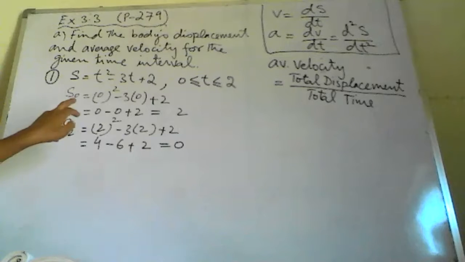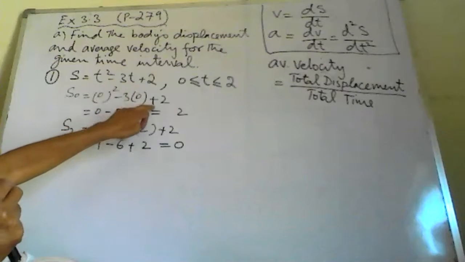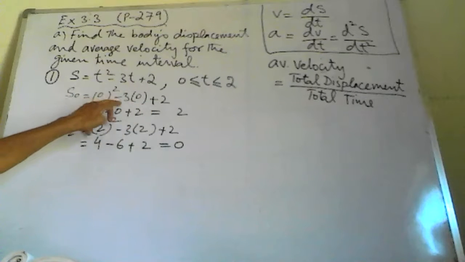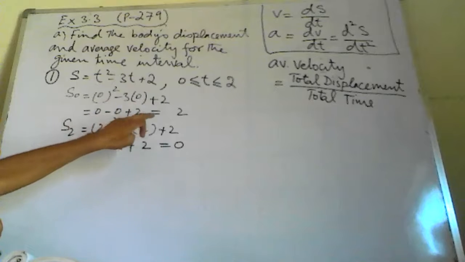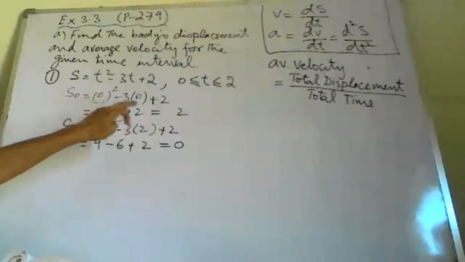When t is equal to 0, s0 will be equal to t raised to power 2 minus 3 into 0 plus 2. 0 minus 3 into 0 will be 0 plus 2. The answer is 2. So when t is 0, s0 will be equal to 2.